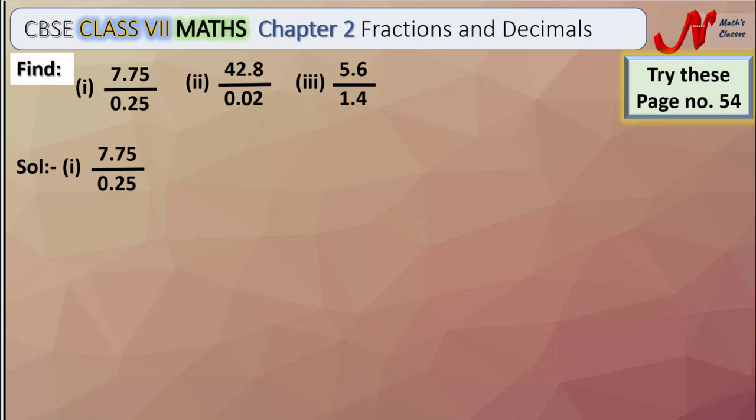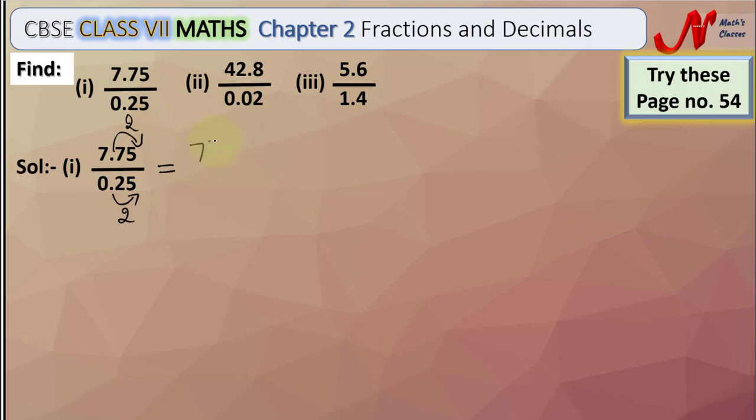Now we shall try this, page number 54. Here 3 bits are given. First we solve the first bit: 7.75 divided by 0.25 by the shortcut method. So we shift the decimal point two places to the right, and in the numerator also we shift the decimal point two places to the right.